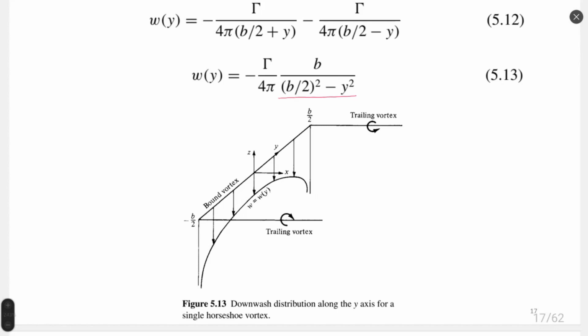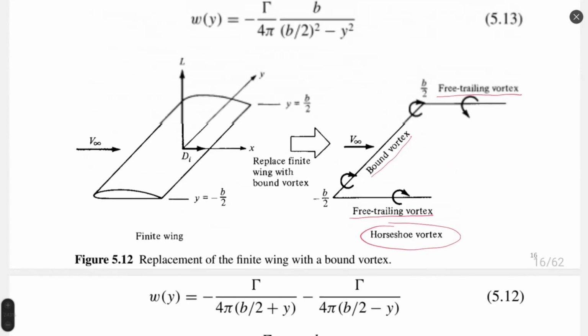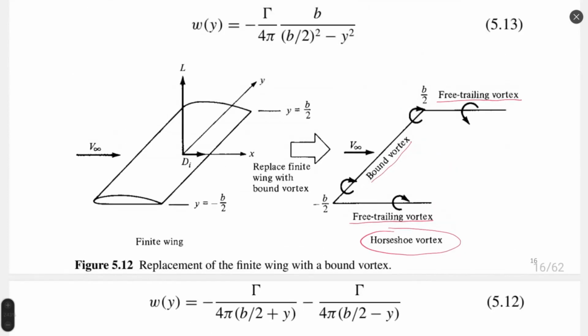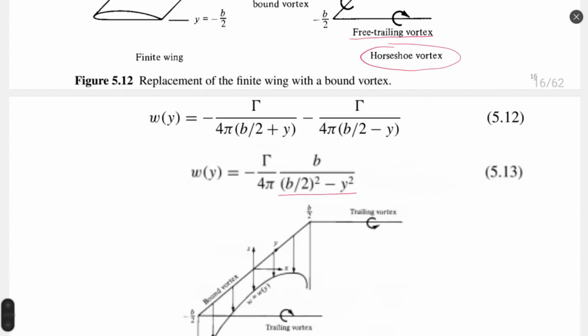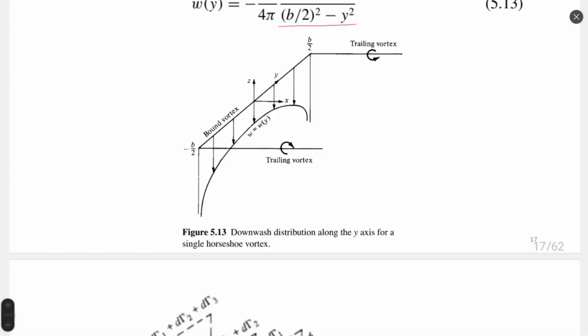And also, a real distribution of lift and a real distribution of downwash velocity is not so linear as presented by Prandtl's theory, which is not explaining exactly the distribution of the lift over this wing.